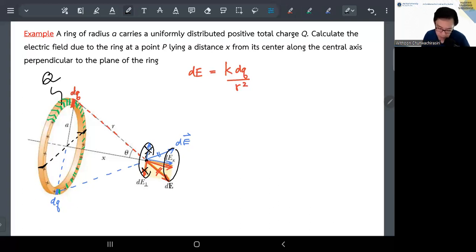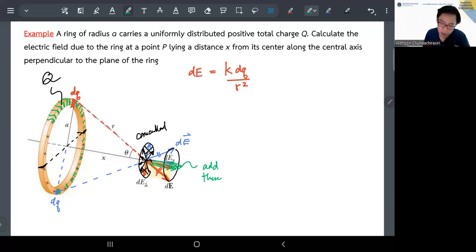So on this circle, the perpendicular component of all those dE will eventually cancel. They all cancel out. The only thing left for you to integrate is the one actually pointing in this direction right there. There will be a bunch of these waiting for you to sum. So this is what you have to add. Add these together. Cool? Okay.